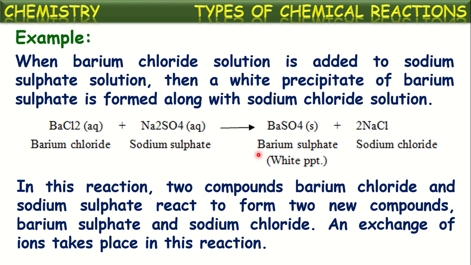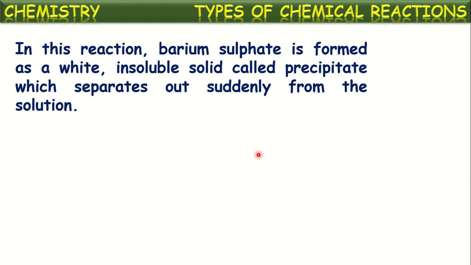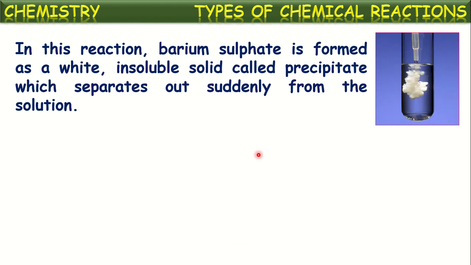Hence this reaction is called double displacement reaction. So in this reaction, barium sulfate is formed as a white precipitate. So the white insoluble solid substance formed here is called white precipitate, which separates out suddenly from the solution.